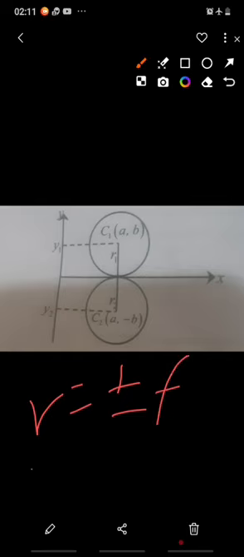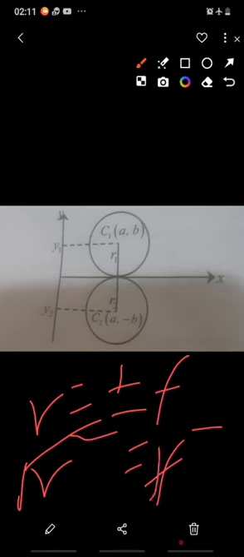That is, we took the square root of both sides, and since we are looking for r, f squared becomes plus or minus f.